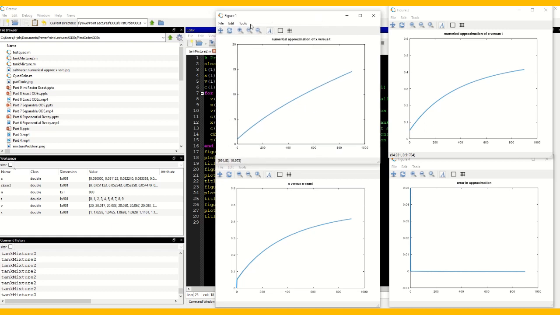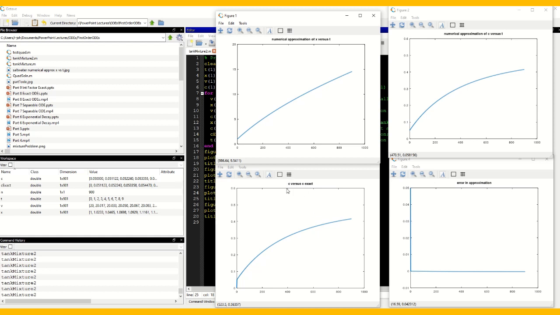Okay, here's Figure 1, which is X versus T. Figure 2, the numerical approximation of the concentration versus T. Figure 3 is T versus the exact value of C, and I do have a slight typo right here.